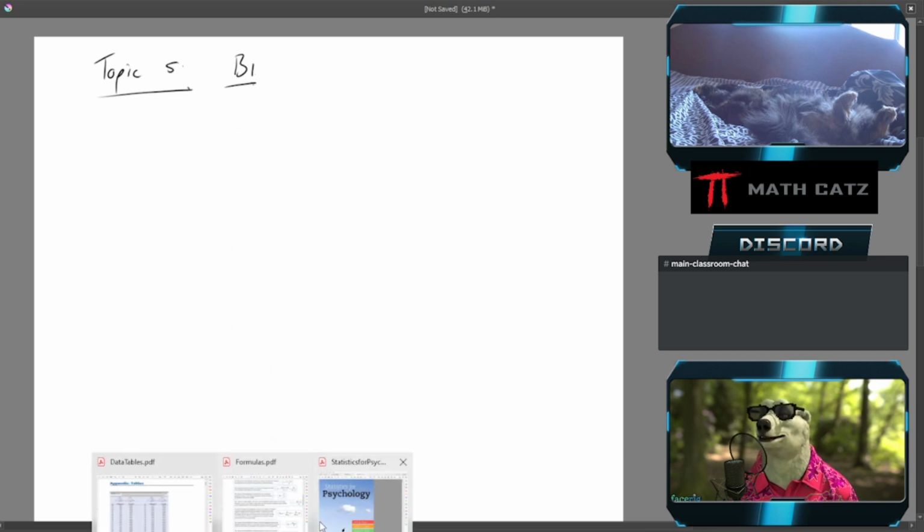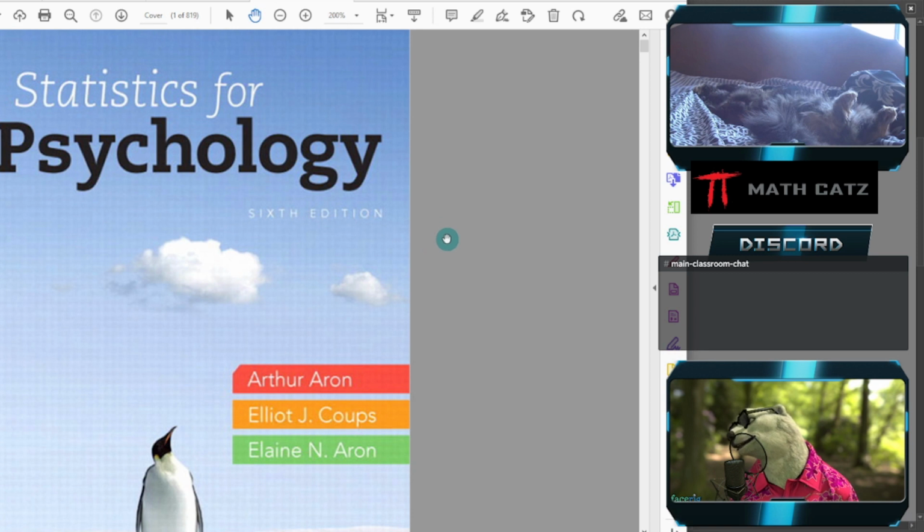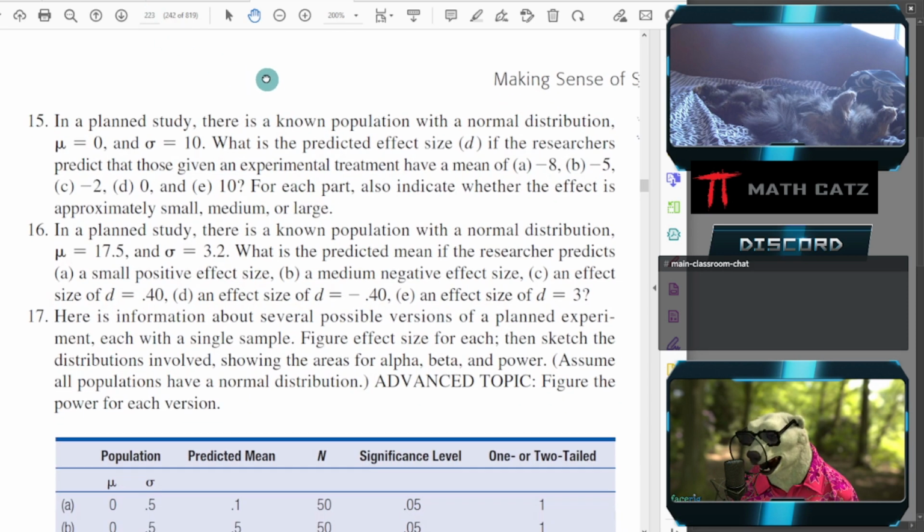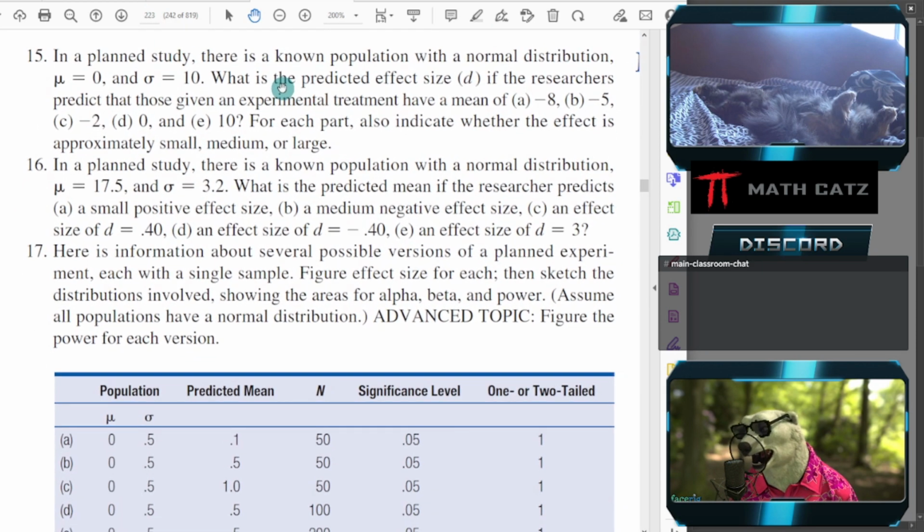As always, the book we're looking at is the Statistics for Psychology book. We are going to be on page 223, looking at number 15, 16, and 24.